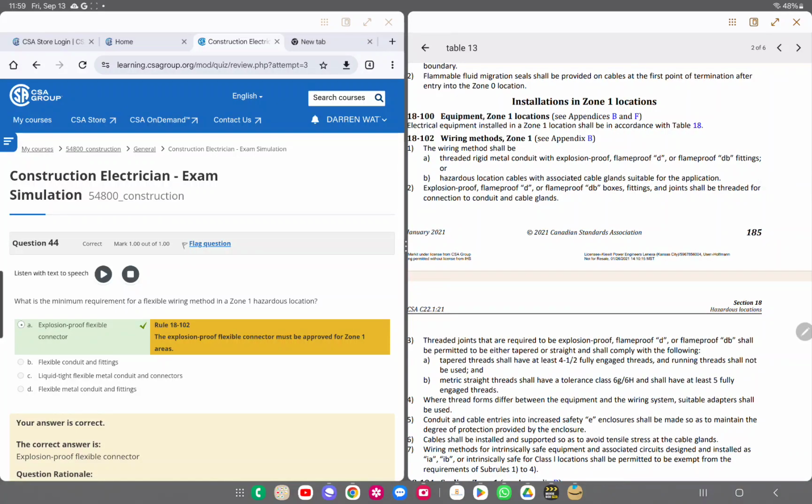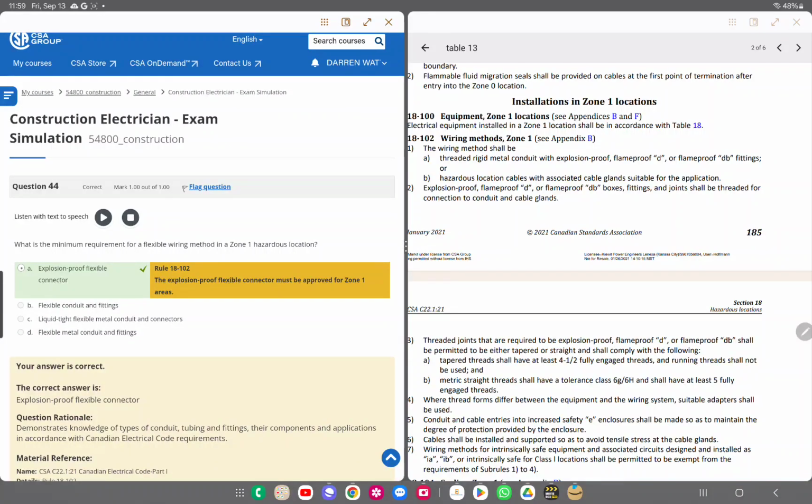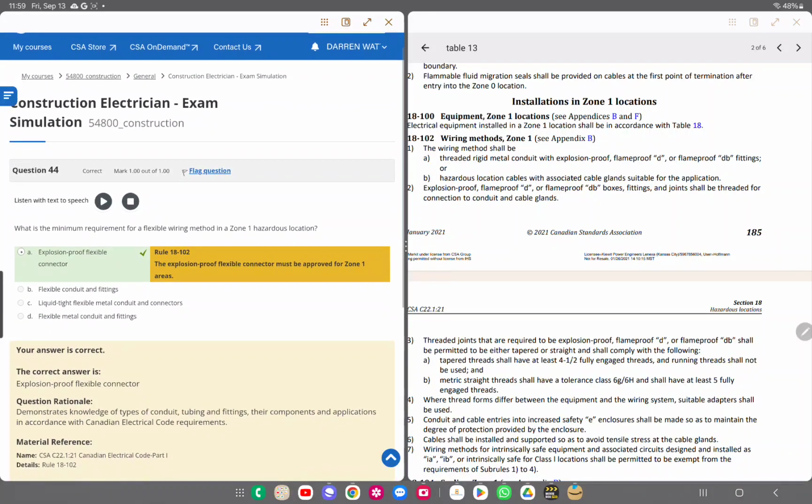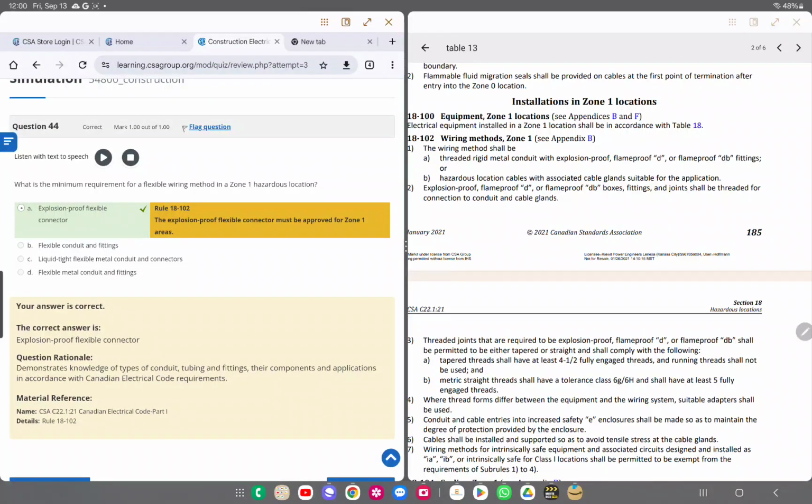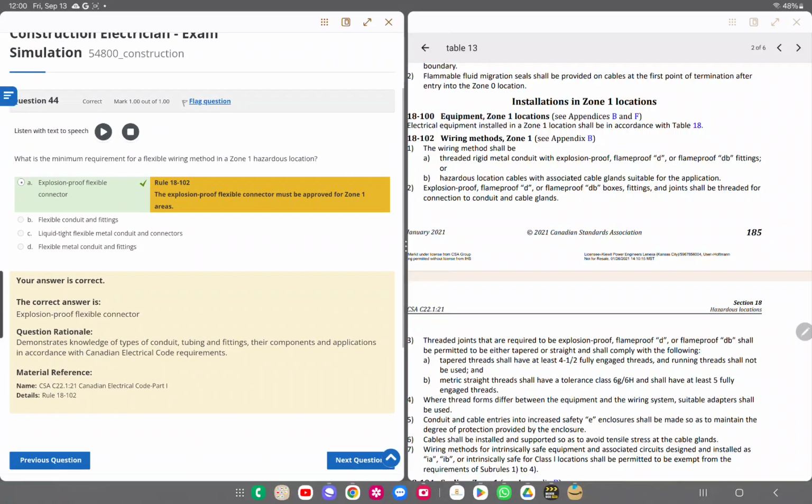We read the answers, and we have explosion-proof flexible connector. Quickly reading all the other answers, none of them seem suitable, so we just go ahead with explosion-proof flexible connector. Next question.